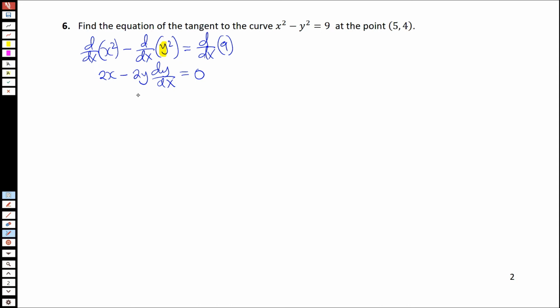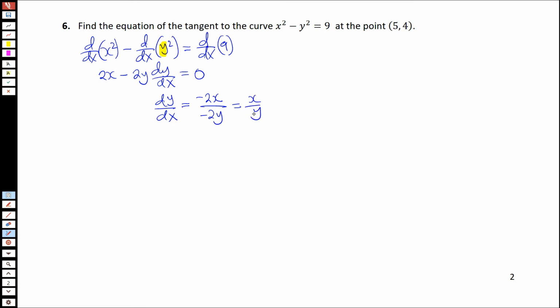So we end up with dy over dx being equal to negative 2x over negative 2y, which is just the same as x over y.